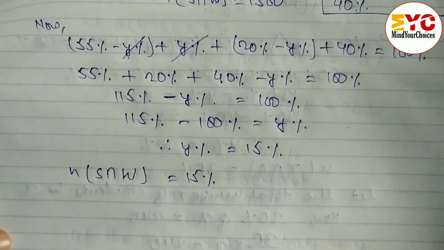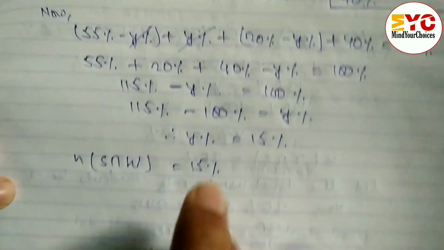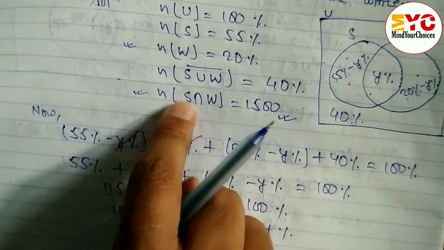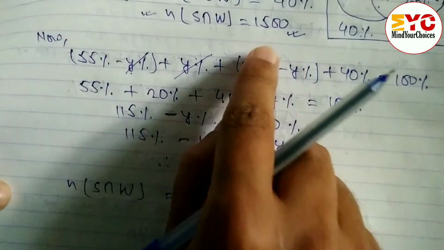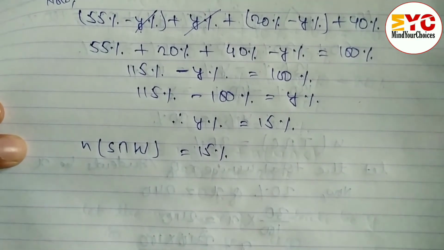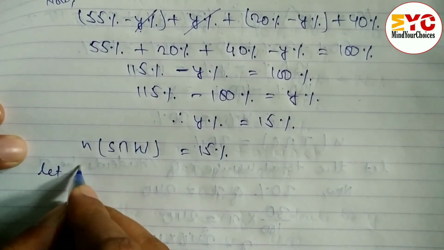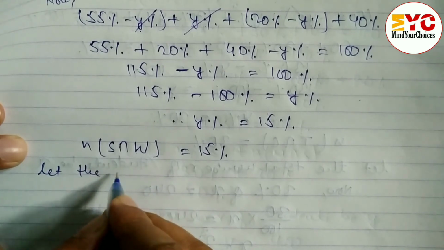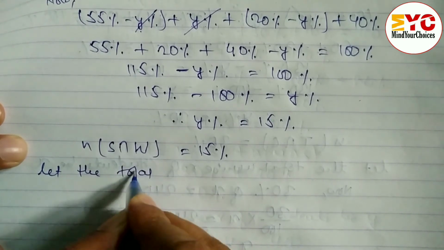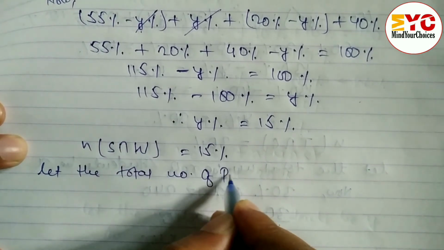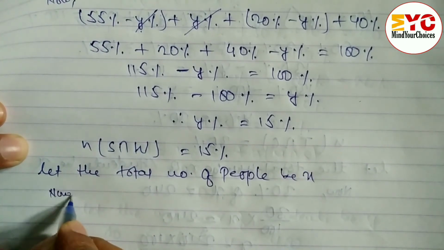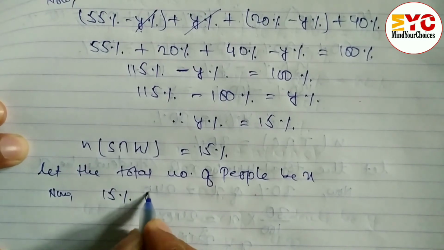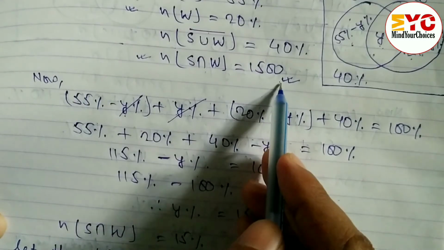Now we have to find the total number of people. 15% like both seasons and 1500 people like both seasons, it is the same. 15% of the total people, so let the total number of people be X. Now 15 percent of x is equal to how much is given here? 1500.